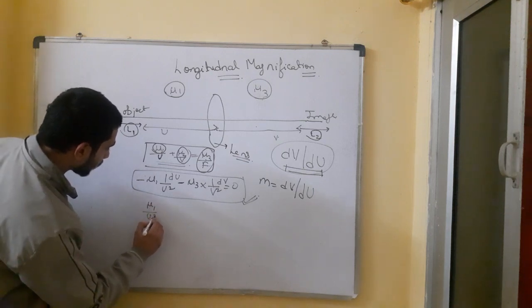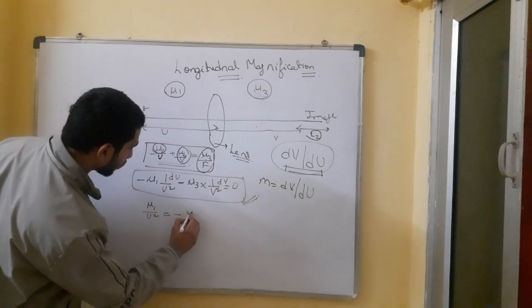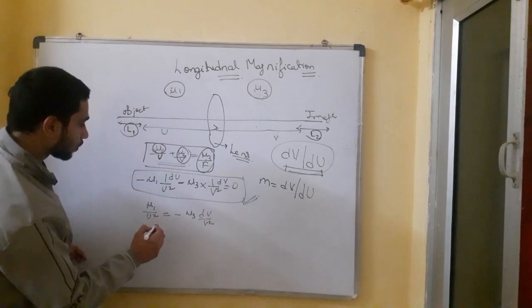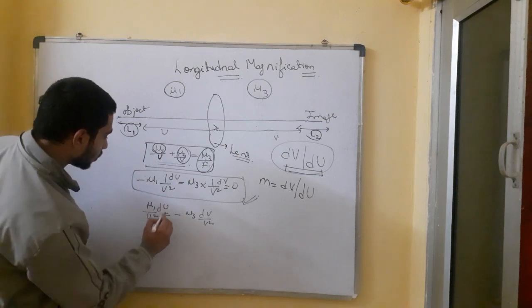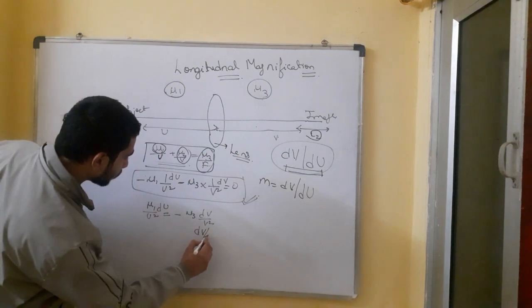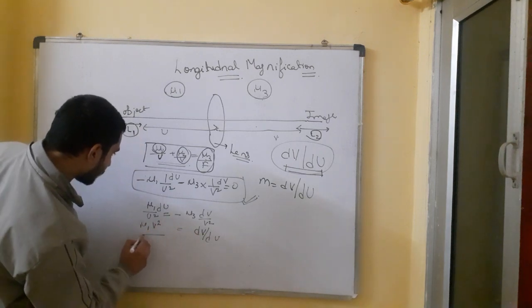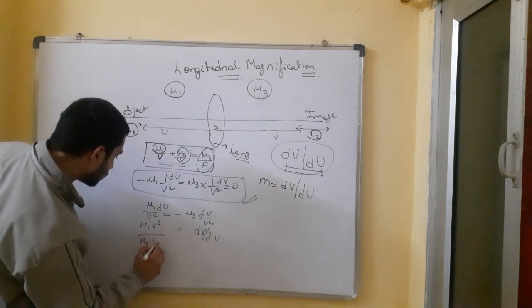μ1 by u square is equal to minus of μ3 into dv by v square. So we have to calculate dv by du. So dv by du is equal to μ1 into v square upon μ3 into u square.